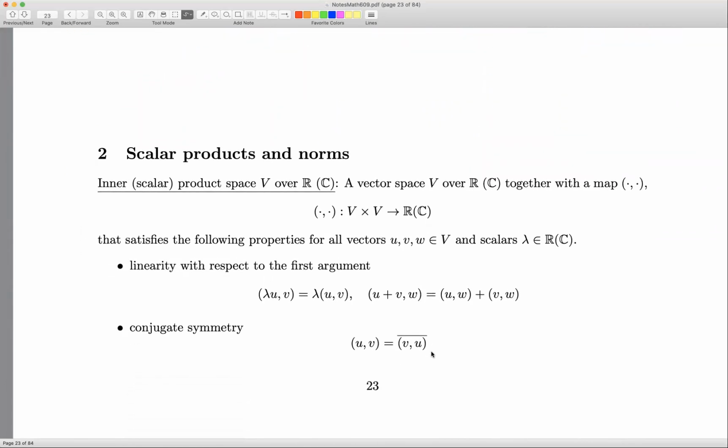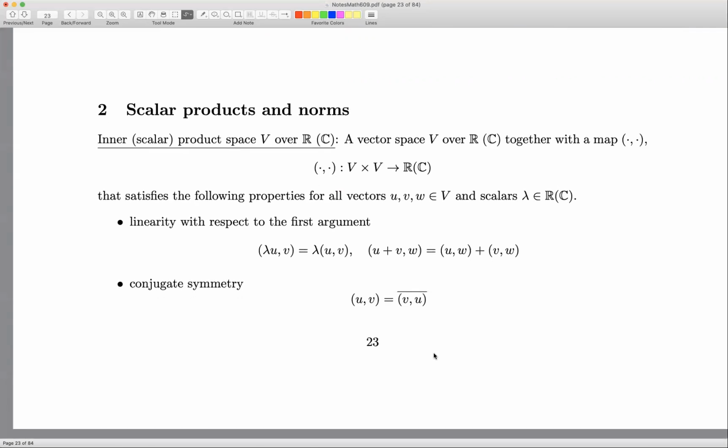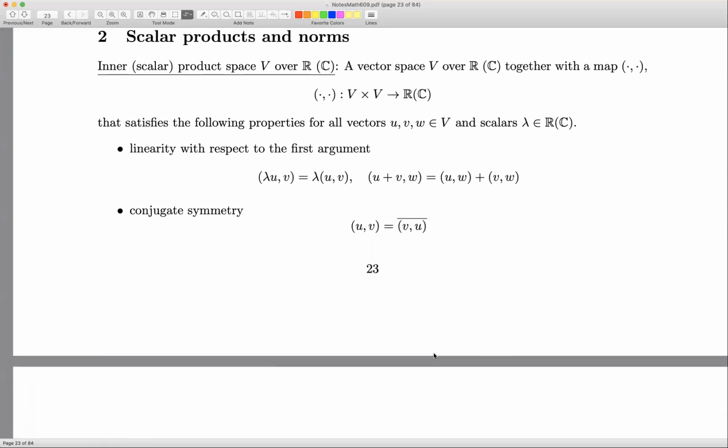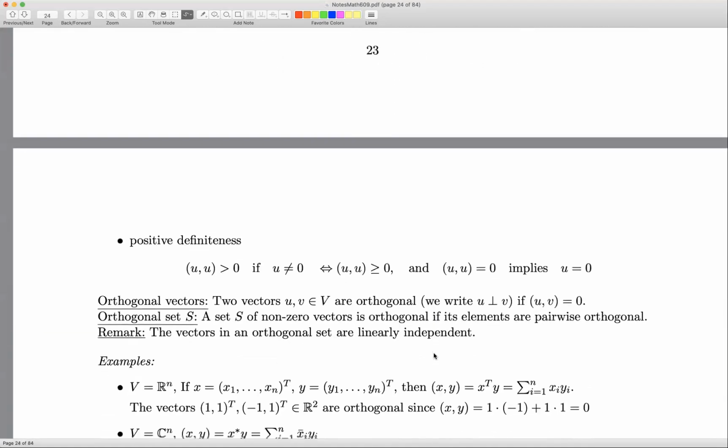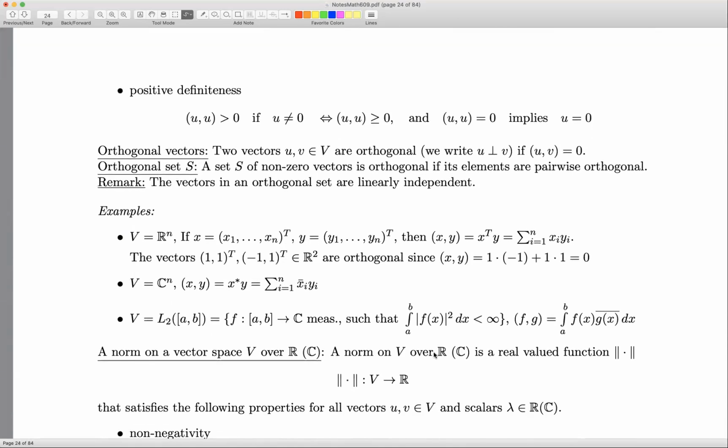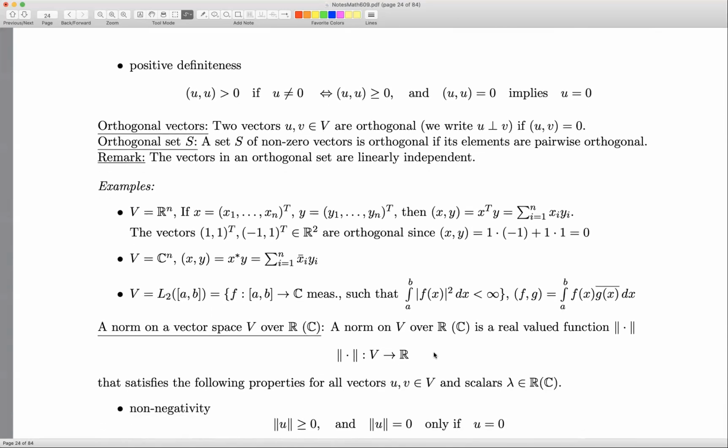And I want to just mention two things. Scalar products and norms are defined for a general vector space. And they therefore include everything in its total generality.